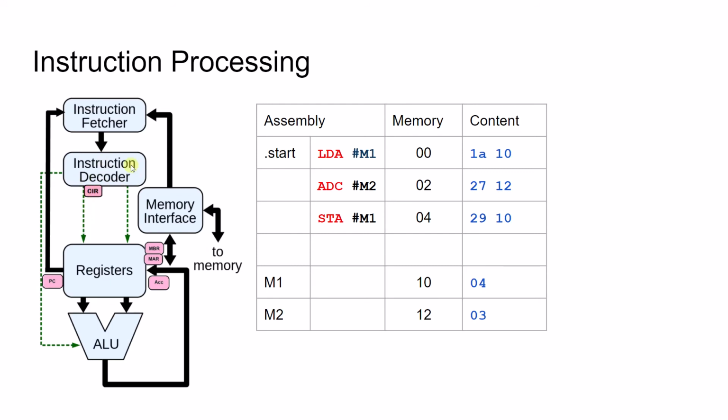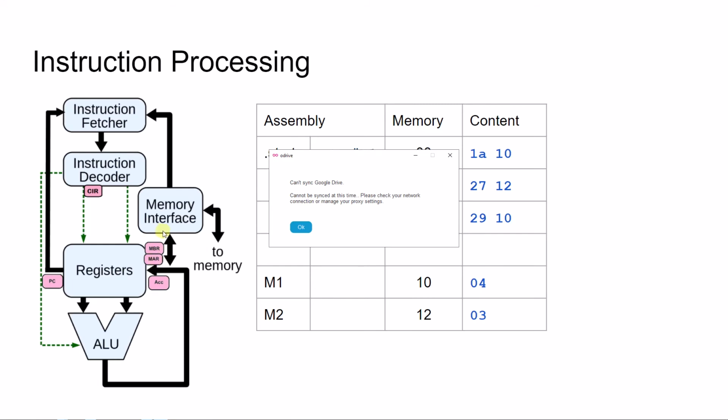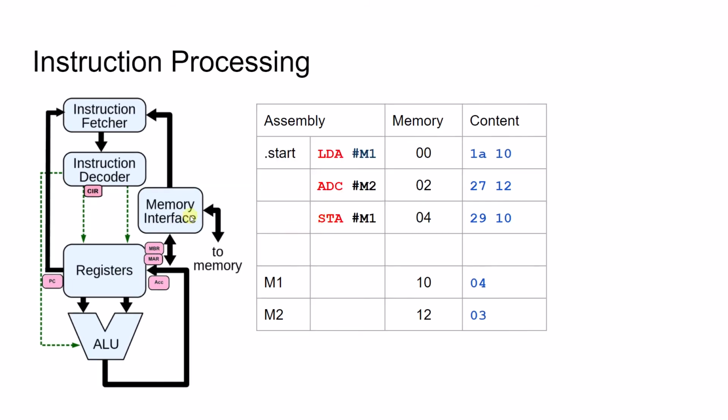So the instruction decoder now says I'm doing the ADC command. It sets up the memory interface to go to memory location 12. That's where M2 is. Go to memory location 12 and get the number at that point, 3.